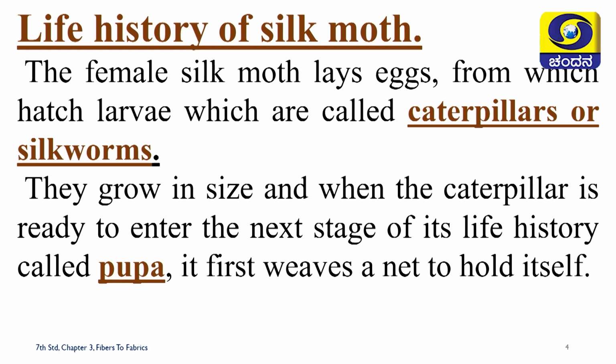So, the female silk moth lays eggs from which hatch larvae, called caterpillars or silkworms. Now, you know what caterpillars or silkworms are. Then these silkworms grow in size, and when the caterpillar is ready to enter the next stage of its life history, it is called pupa.